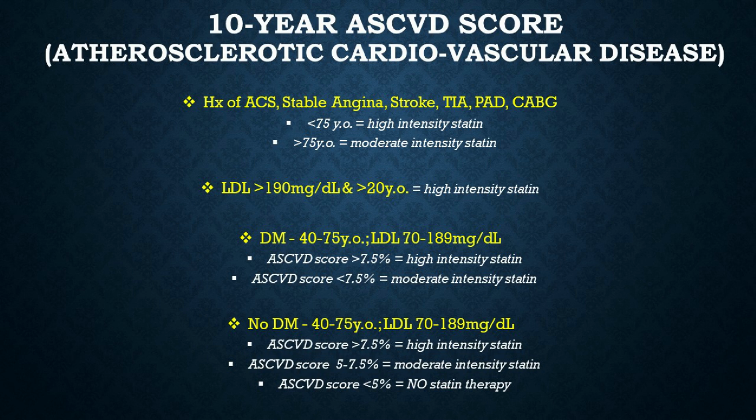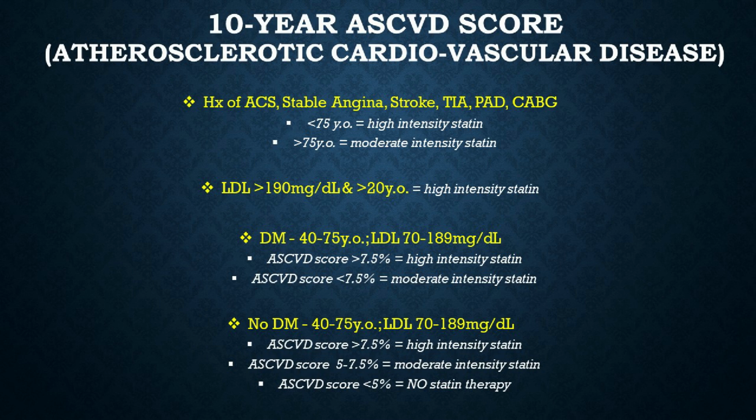In patients more than 75 years of age, they need moderate intensity statin. If the patient has LDL more than 190 milligrams per deciliter and is more than 20 years of age, he also gets high intensity statin every time.